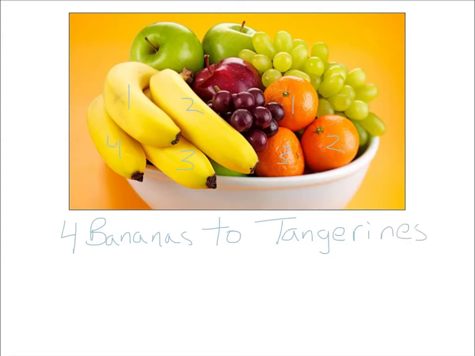So we would say that is 4 bananas to 3 tangerines. That's a long way to write it, so what we might do instead is we would just say, well, the ratio of bananas to tangerines is 4 to 3. And oftentimes we replace the word to with a colon when we talk with ratios.